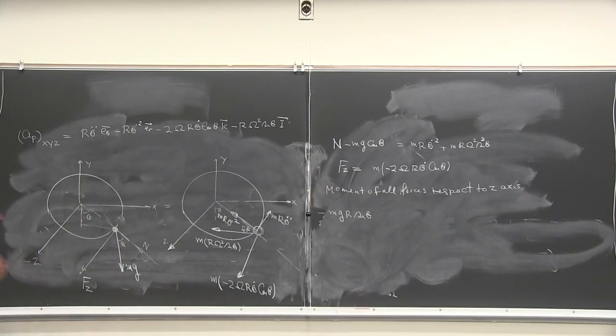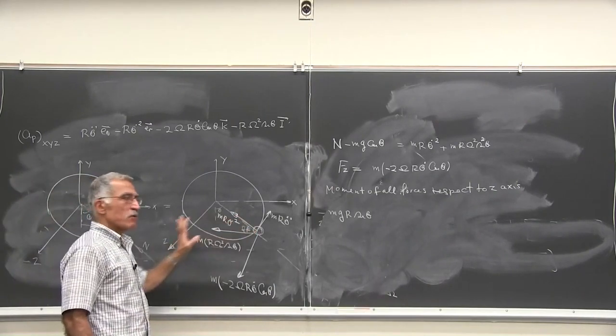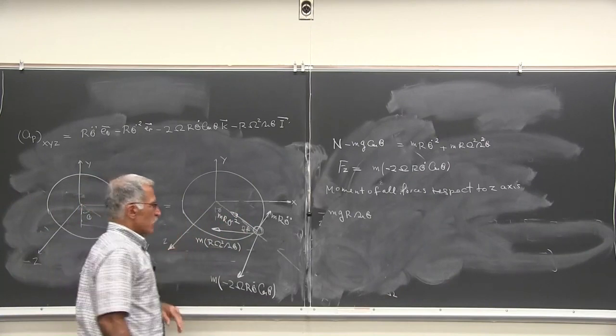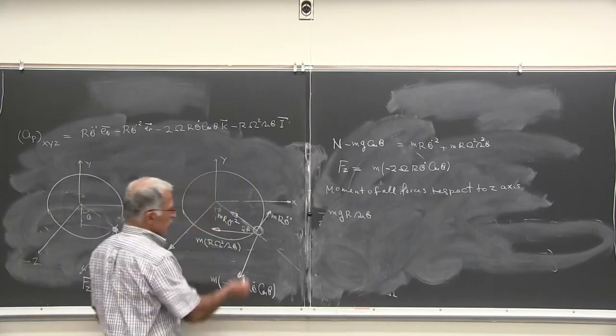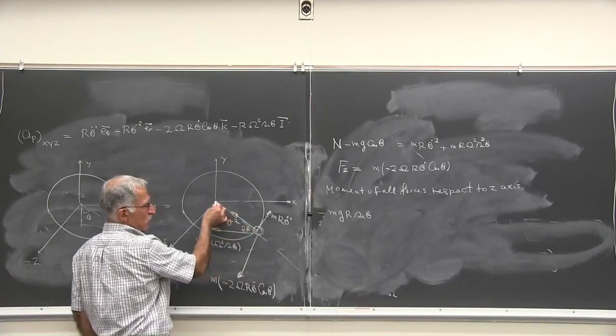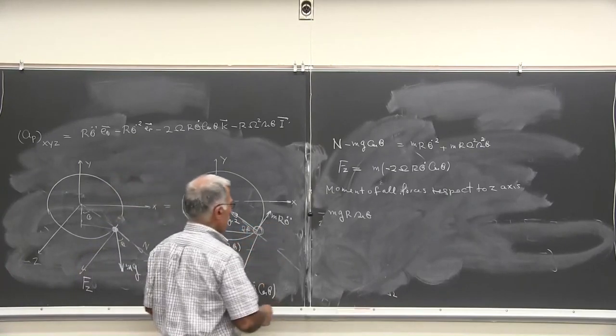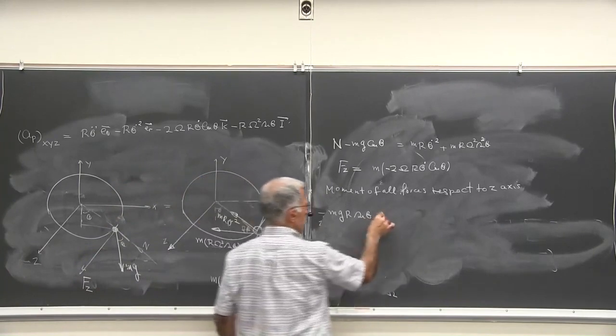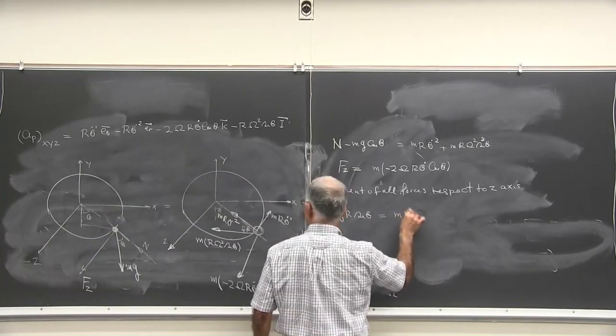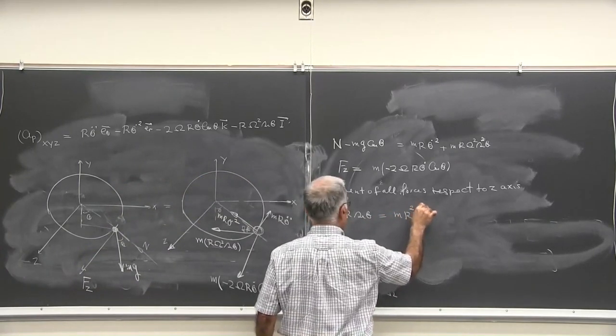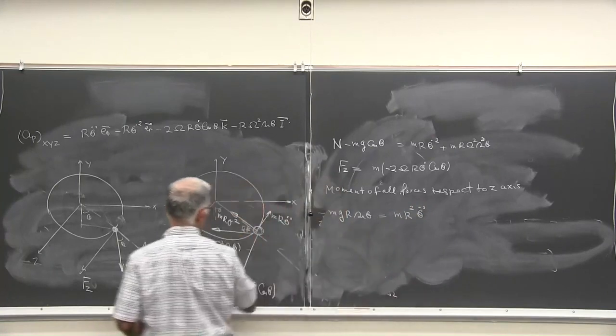Now you go ahead and take the moment of all of this with respect to the z-axis again. This goes through the z-axis, so it does not produce any. This produces, with respect to the z-axis, m r theta double dot, and that's positive: m r squared theta double dot.